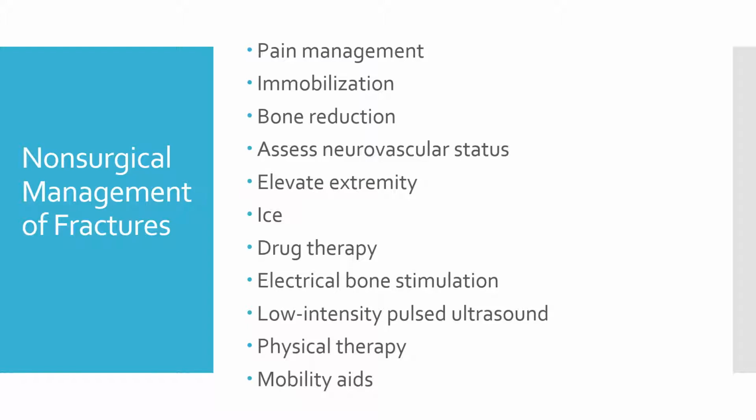The reason splints are preferred initially is to prevent compartment syndrome, because a cast goes around the entire extremity, and that limits the space that you're allowed to swell, and that's what happens when you have compartment syndrome. So we want to put on a splint first, and that does allow room for swelling.